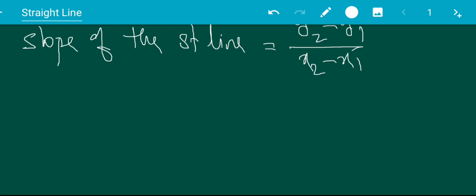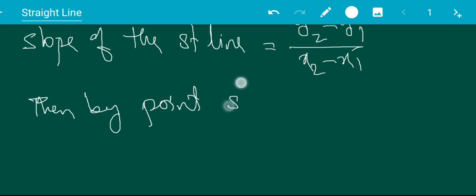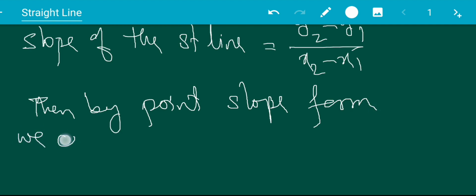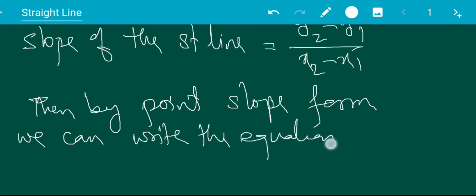Okay, then by point slope form we can write the equation of straight line.